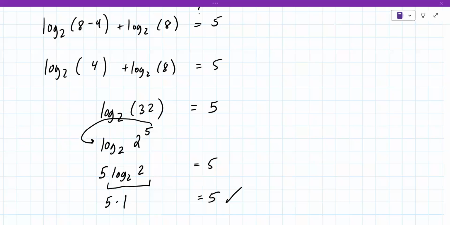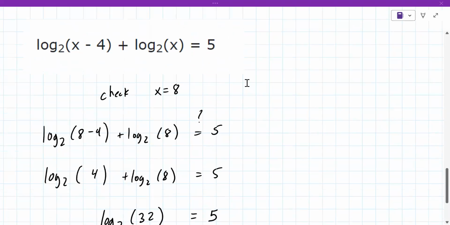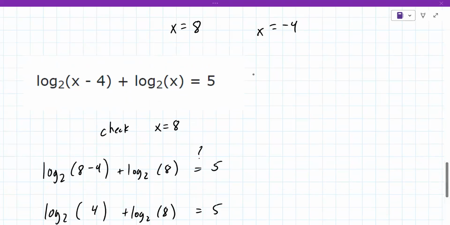All right, now for the next one here, we have to check -4. And you notice it's almost as much work to check as it is to do the original problem.